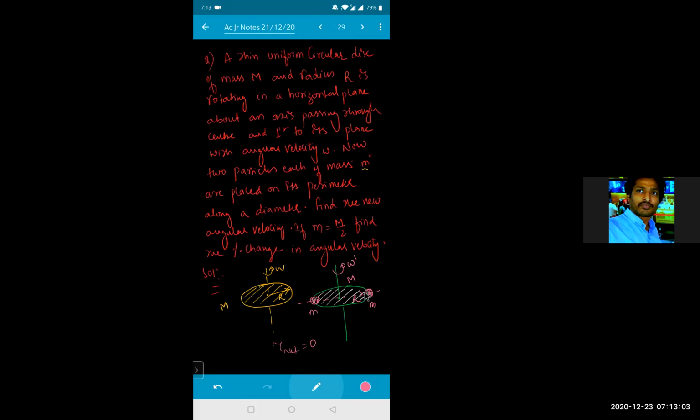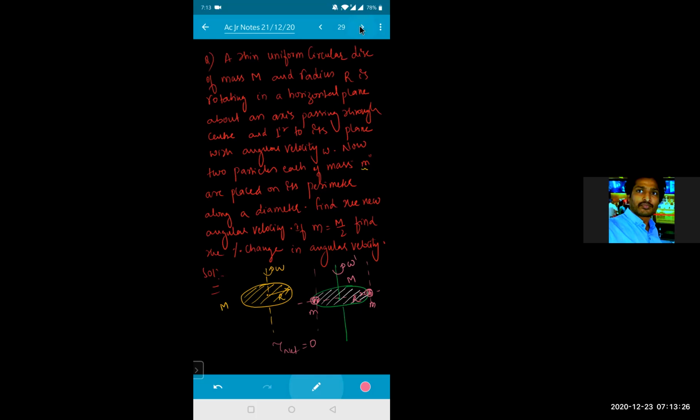Now see, for this one we have two masses away from the axis. We can apply the parallel axis theorem for this one, and for the other one it is also the same, but you multiply by 2. For the disk, you know the moment of inertia passing through the center, and there is another particle at a distance of R from the axis of rotation.